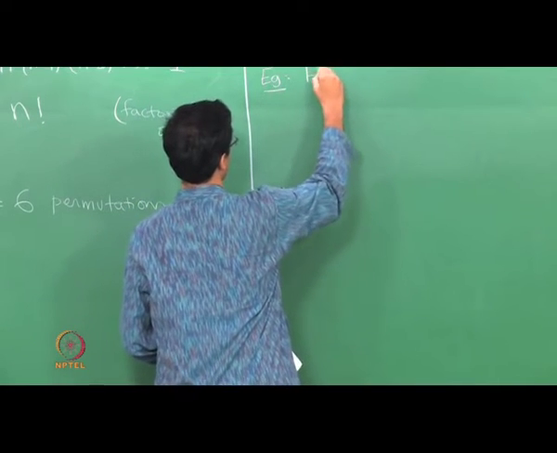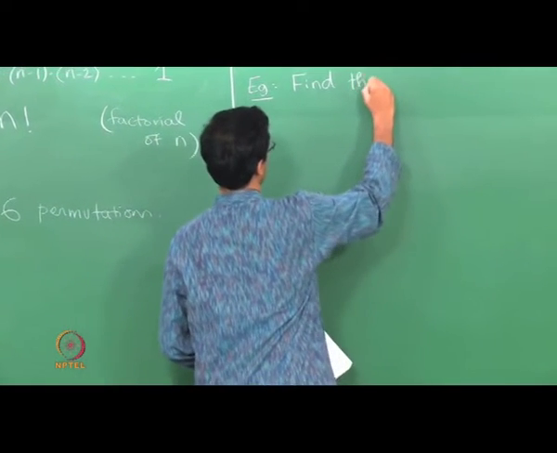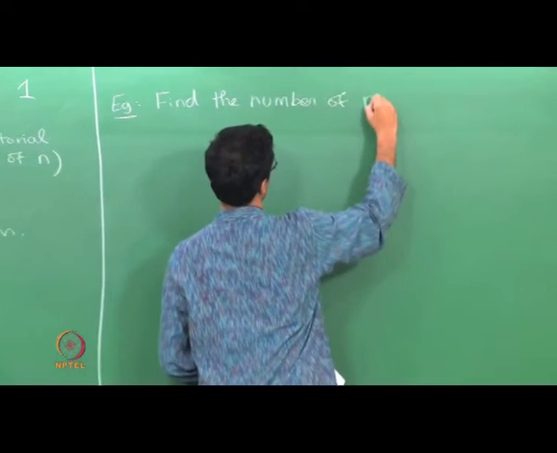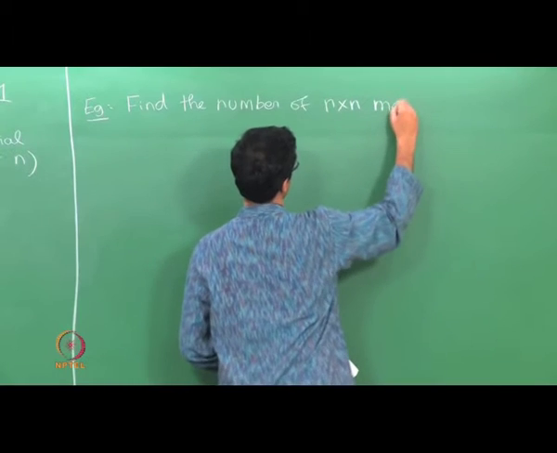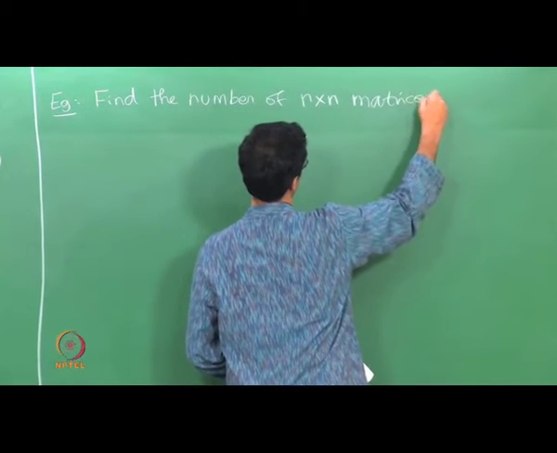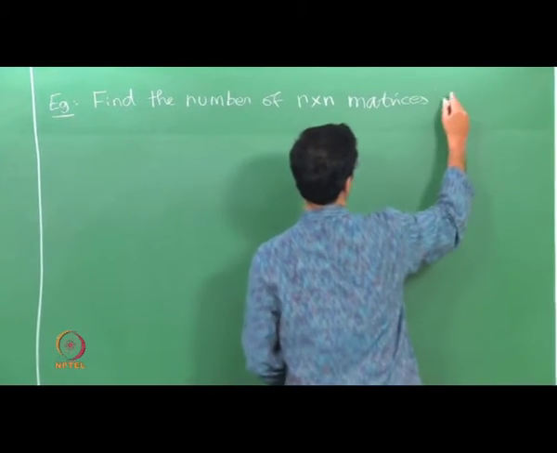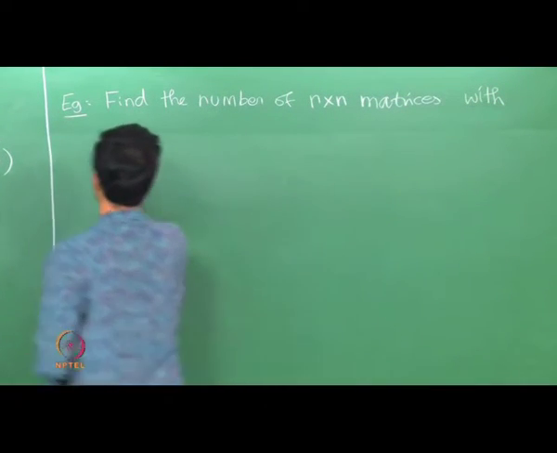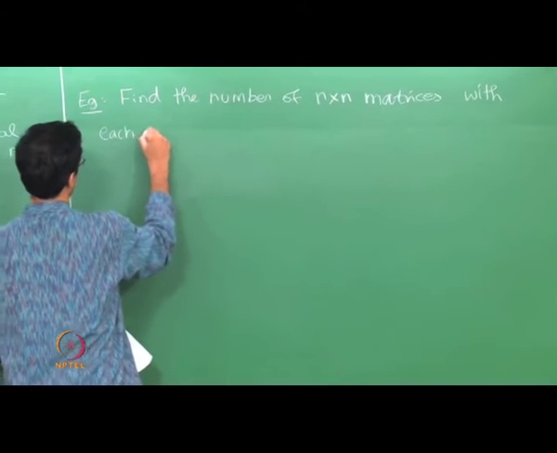Find the number of n cross n matrices, here again n being the same number n, with each entry being 0 or 1.